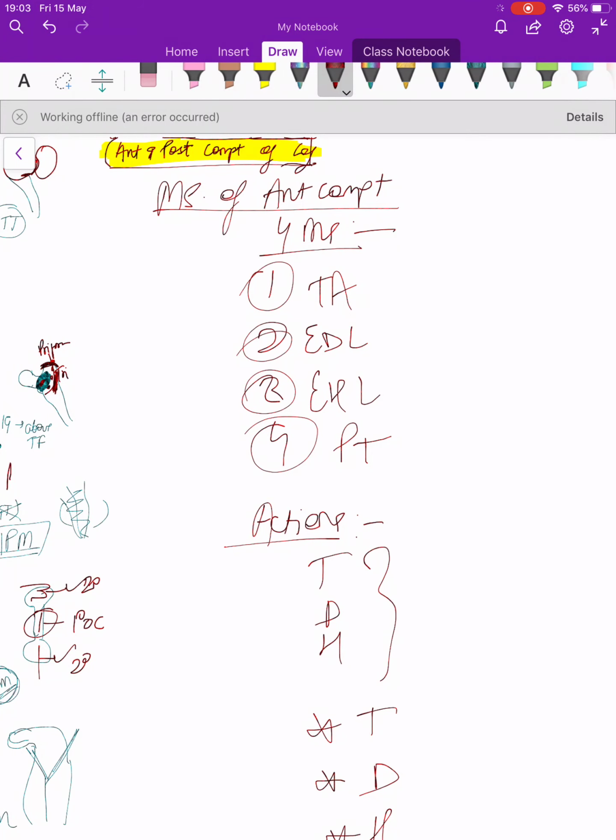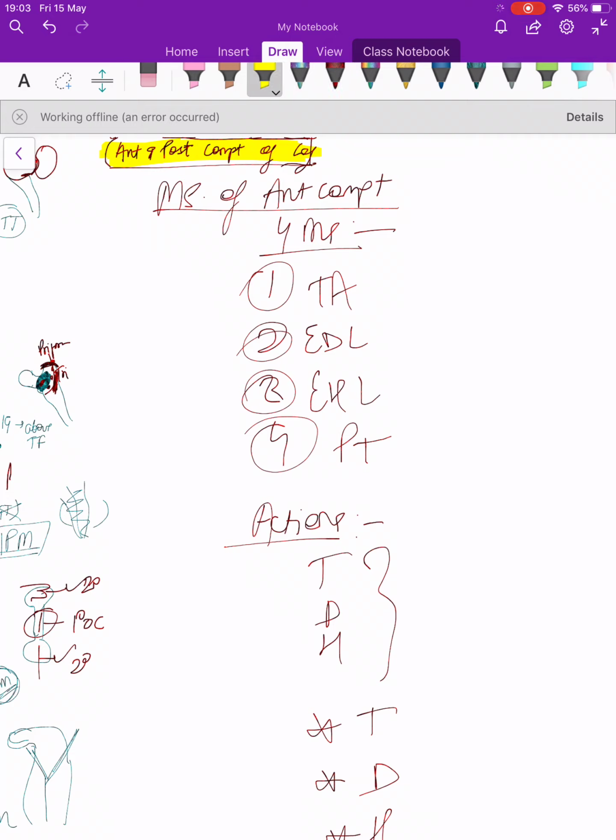Alright, so we are starting with the muscles of the anterior compartment. There are 4 muscles in the anterior compartment. One is the tibialis anterior, then the extensor digitorum longus, extensor hallucis longus and peroneus tertius.